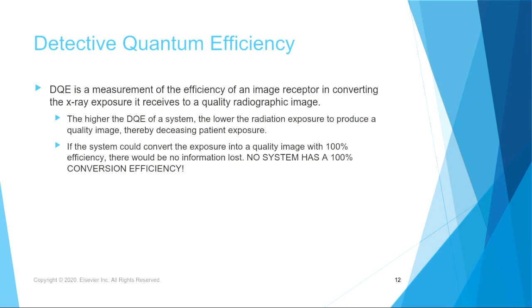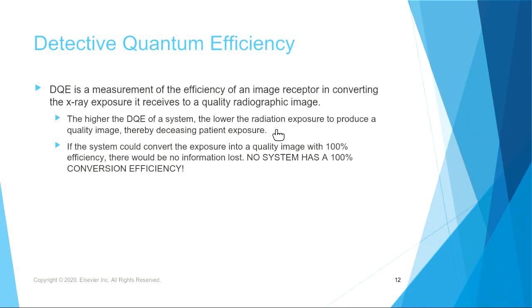Detective quantum efficiency is a measurement of the efficiency of the image receptor to convert the X-ray exposure it receives into a quality radiographic image. The higher the DQE of a system, the less radiation exposure it takes to produce a quality image. And if it takes less exposure to produce that image, then that means the patient has less dose.